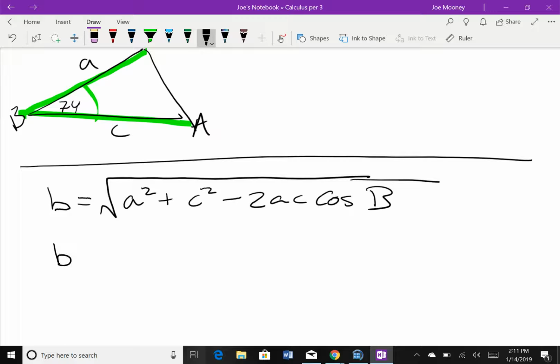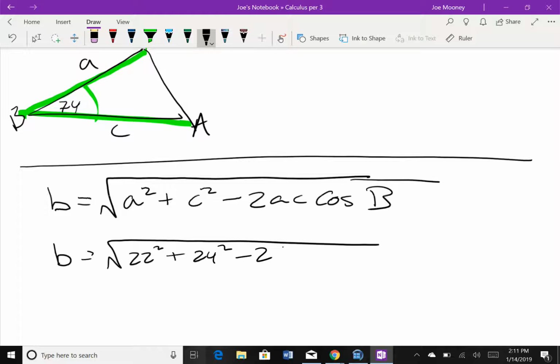So let's plug that in. A was 22, C was 24, minus 2 times 22 times 24 times the cosine of B.